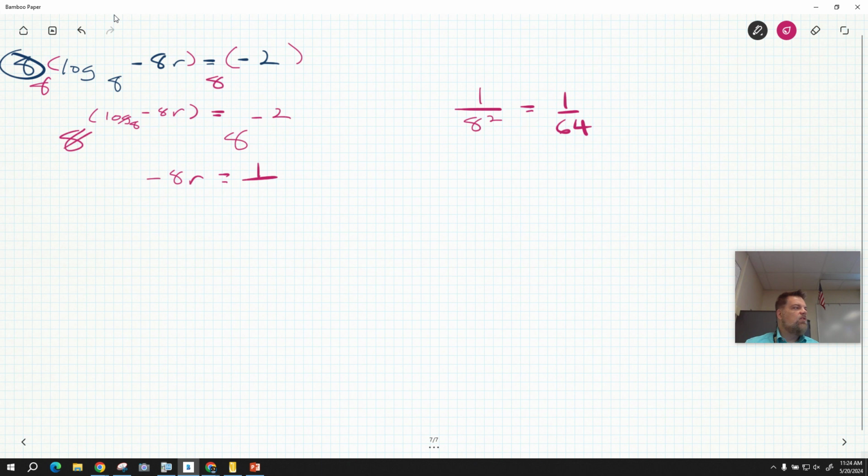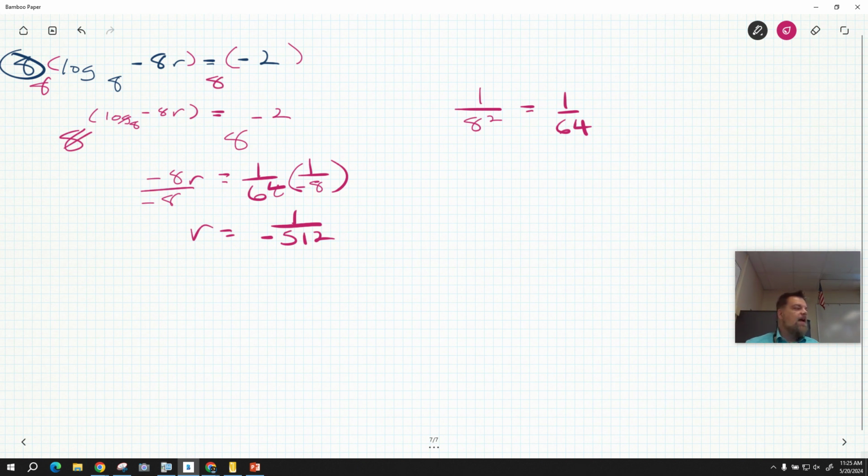So now to get rid of this 8, I've got to divide by -8, which is the same as multiplying by 1 over -8. So r equals, now what's 64 times 8 if you were to guess? 500 and something. -512. That's where that comes from.